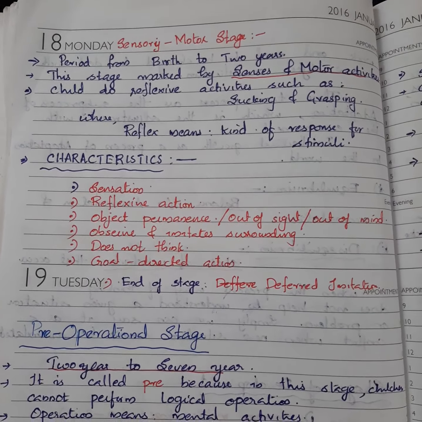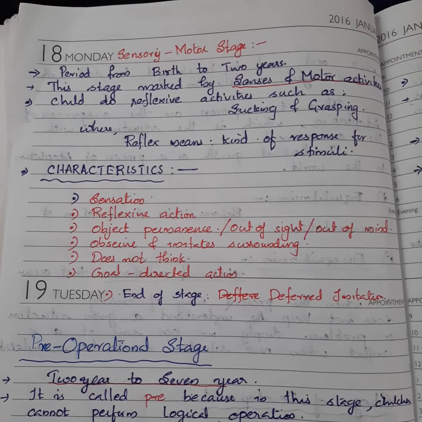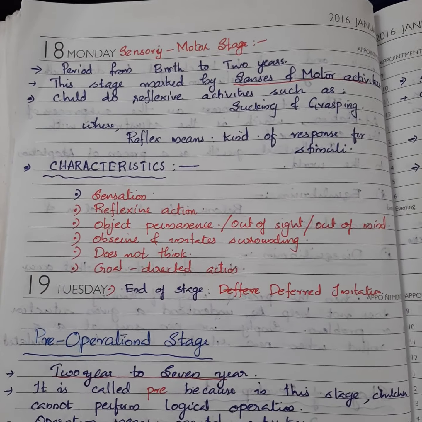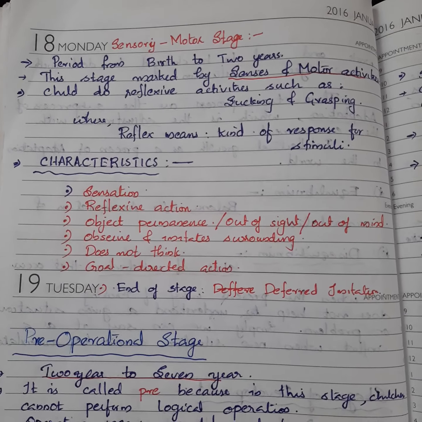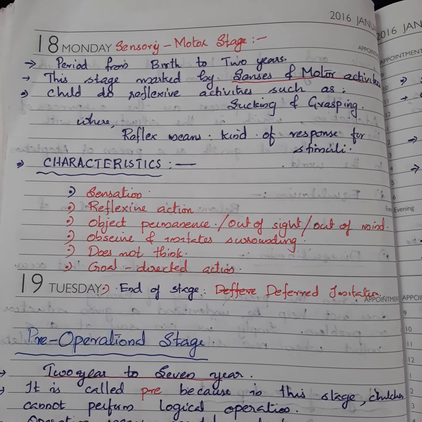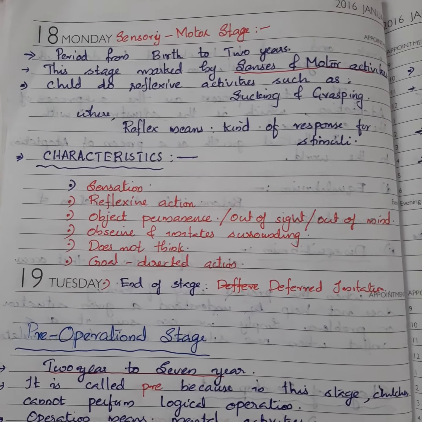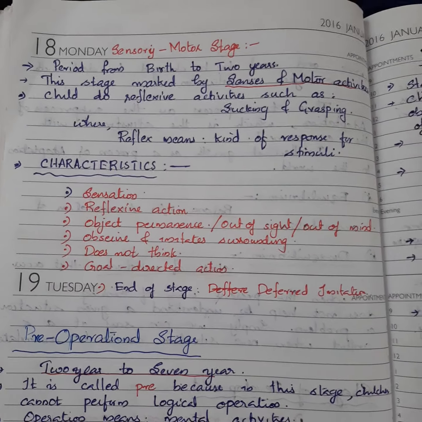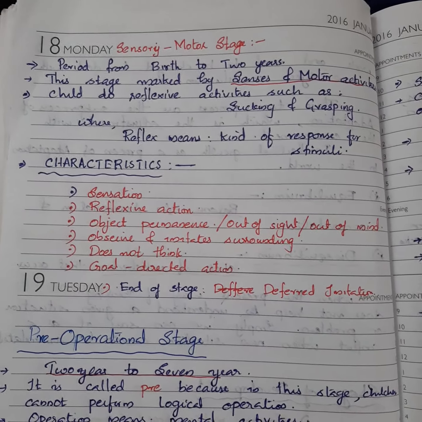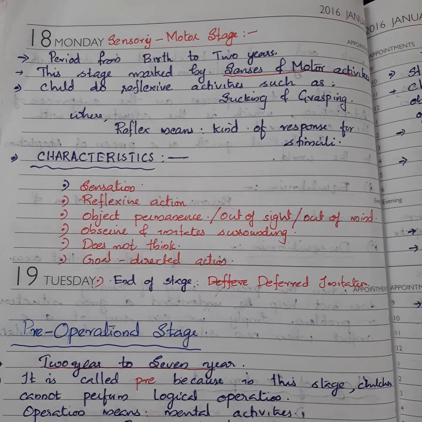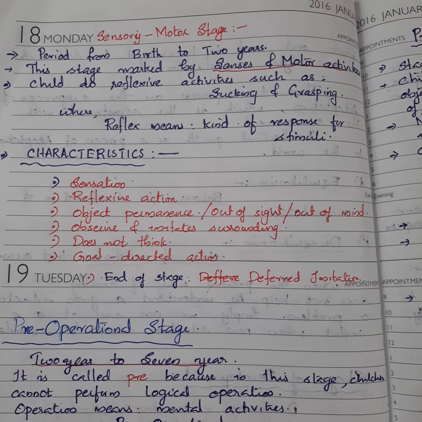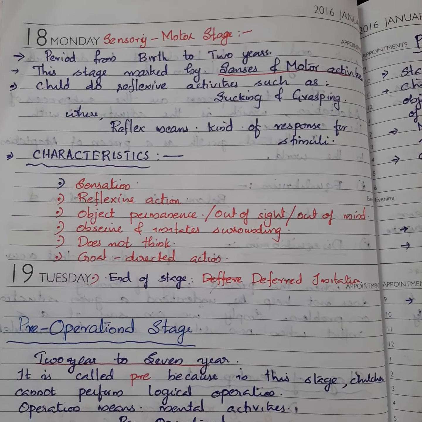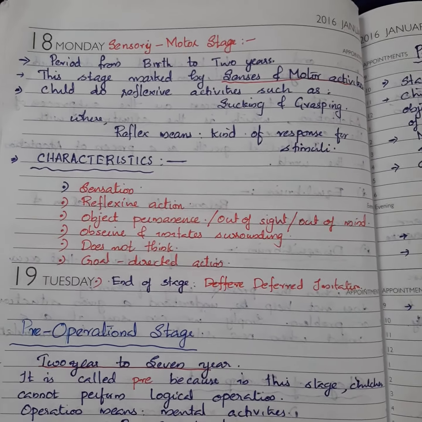The features are sensation, reflexive action, object permanence or out of sight, out of mind. Next is observe and imitate surroundings. Child cannot think. Another characteristic is goal directed action, and another one is deferred imitation. These are the important characteristics of the sensorimotor stage.